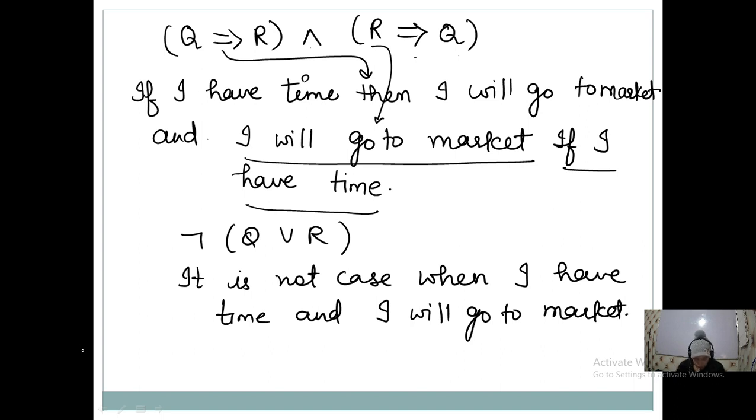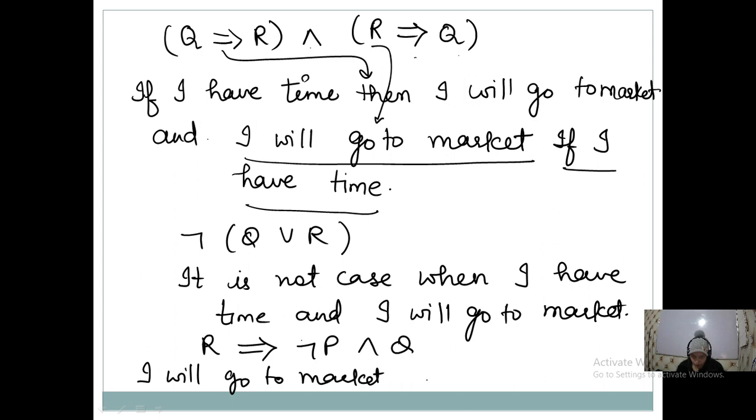Now the last one: R implies not P and Q. In this you can say I will go to market only if it is not raining and I have time.